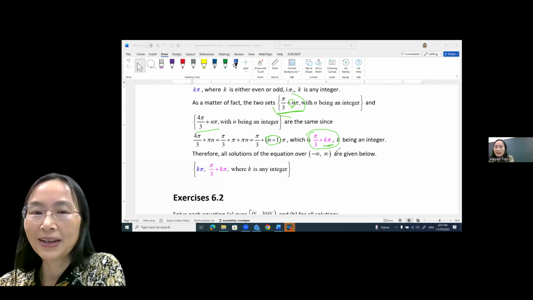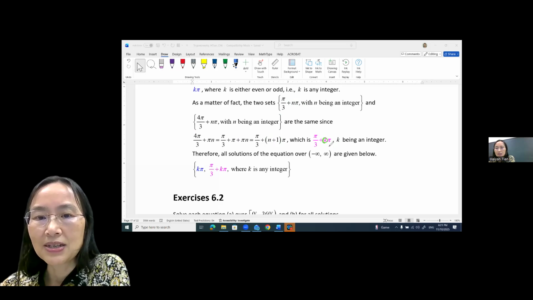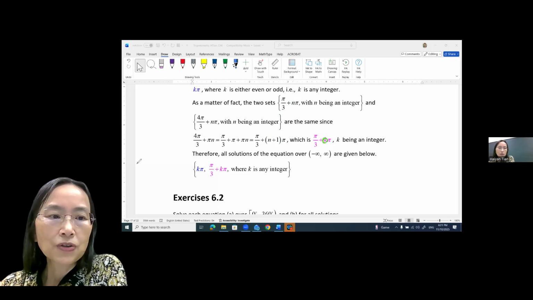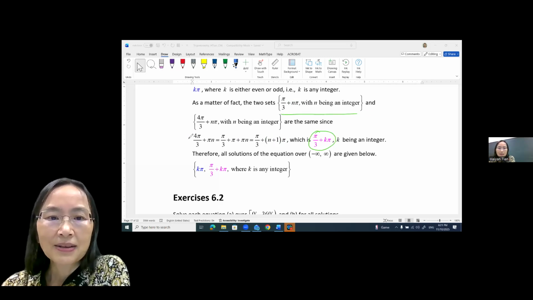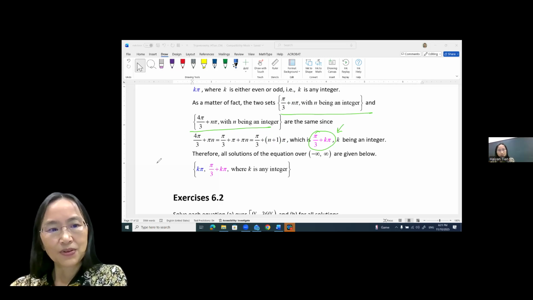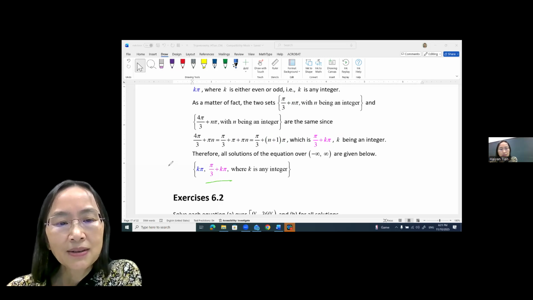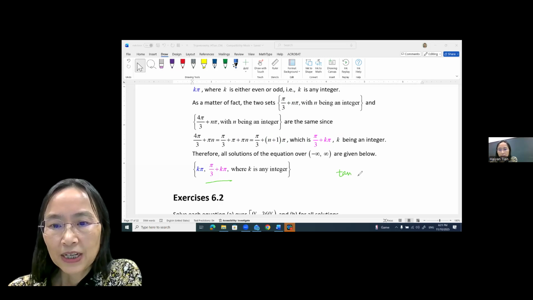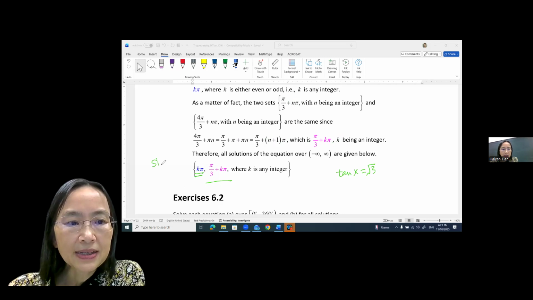Let's call it k pi. It doesn't matter if you still choose n pi. It's the same, right? So it's just for you to see that the two sets are essentially the same set. So now we just write pi over 3 plus k pi for tangent x to be square root of 3. And this k pi is for sine x to be 0.